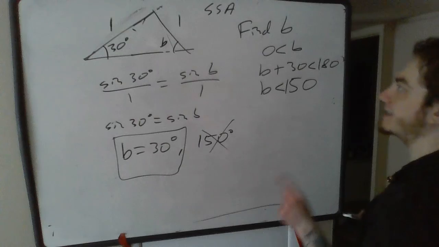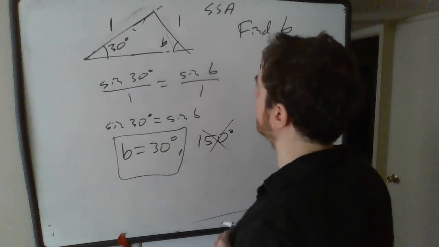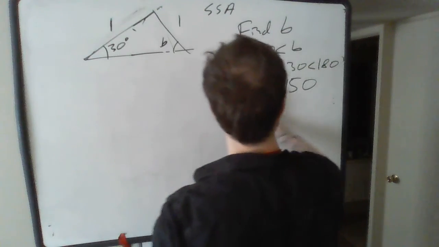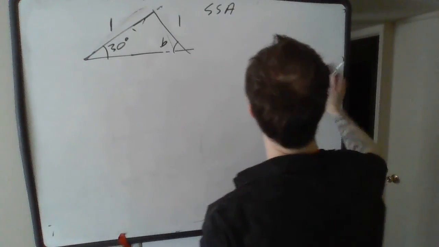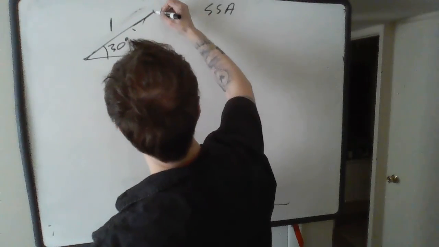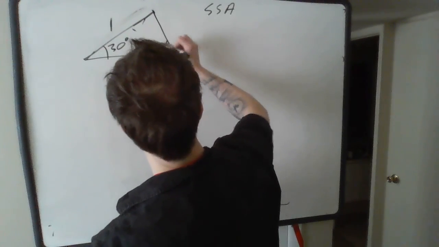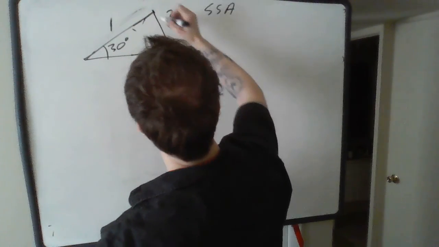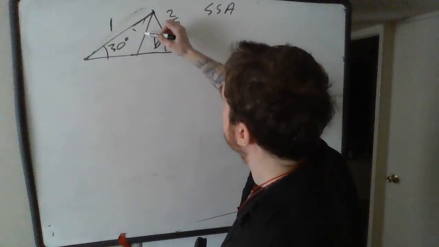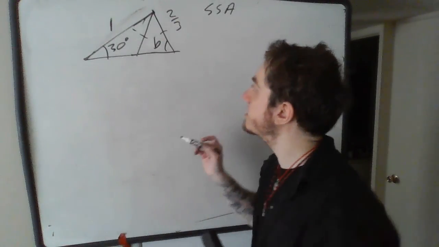So we only get one answer in this case. I want to show you guys again, geometrically, what was going on in each of these situations. In the previous situation, where we said that this side was a length of 2/3, there's really two different triangles that you could make. This side and this side are the same length.